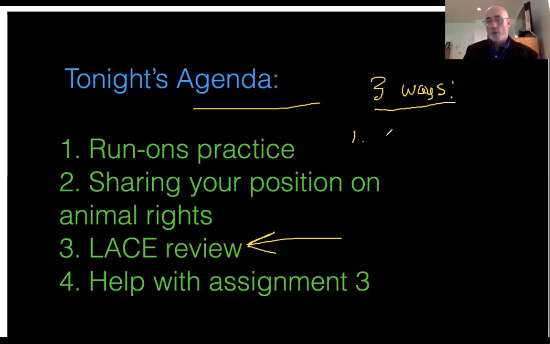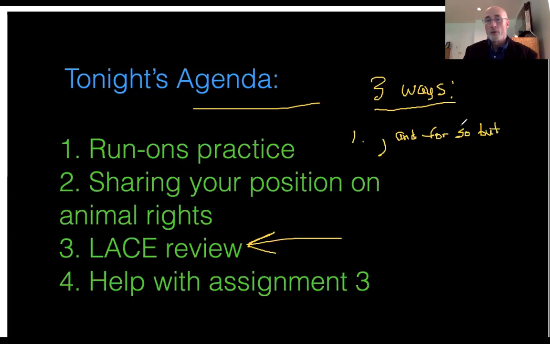The first and most common way to start lengthening your sentences but still obeying the rules is to use a comma and then a conjunction word. Those are words like and, like we talked about before. The word for is a conjunction word. The word so is a conjunction word. The word but is a conjunction word.